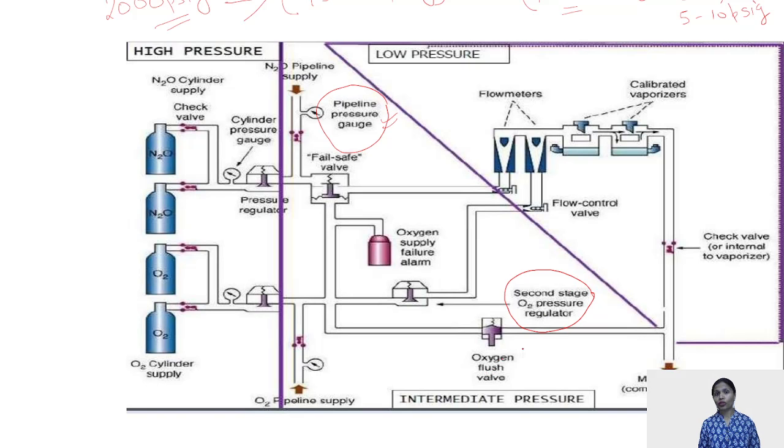Then most importantly, you have an oxygen flush valve. We'll come to the oxygen flush valve independently, but please remember, the oxygen flush valve is an emergency oxygen port which is directly connected to your common gas outlet.